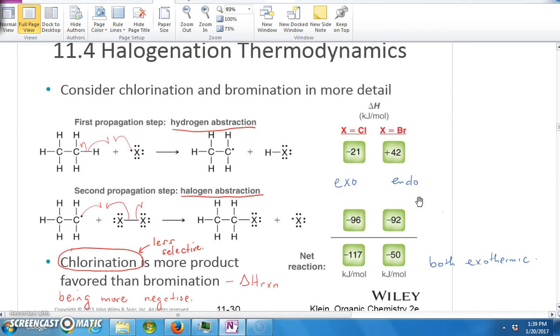However, when we begin to look at chlorination and bromination in more detail, to be able to understand why bromination is more selective, we need to look at the propagation steps that add up to give the overall reaction.